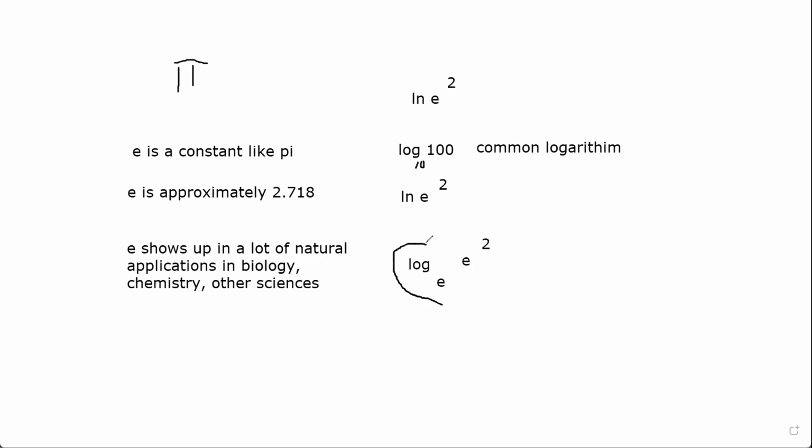It's not something we write, because if e is the base of our logarithm, then it has a symbol of its own, and we call that ln. ln of e squared. This is called the natural logarithm.